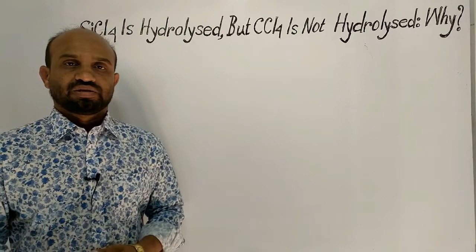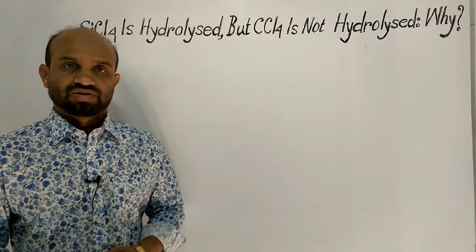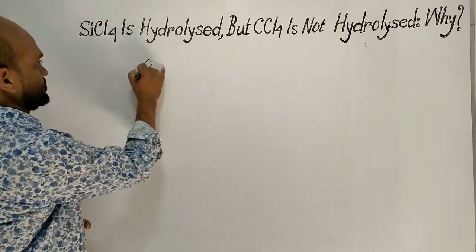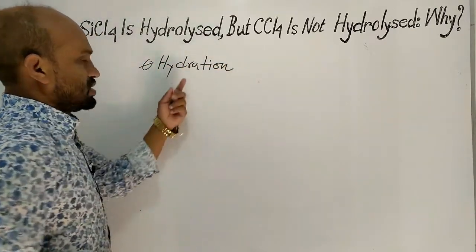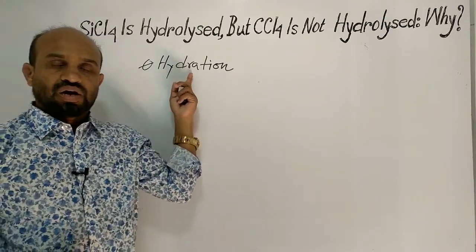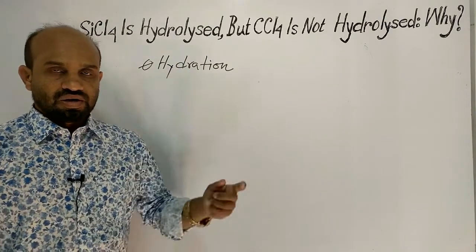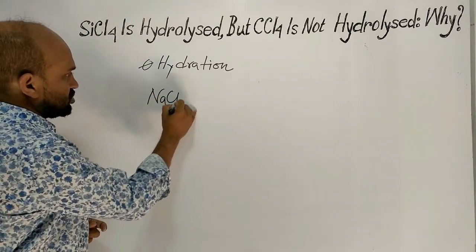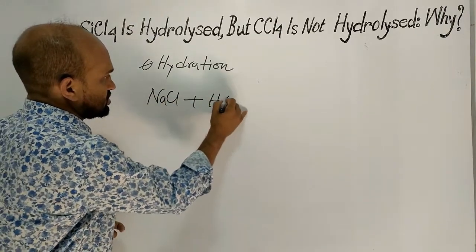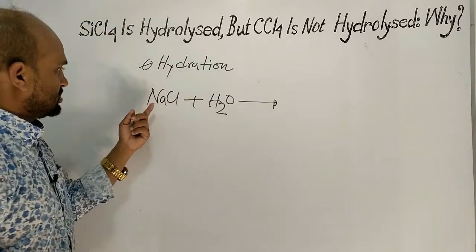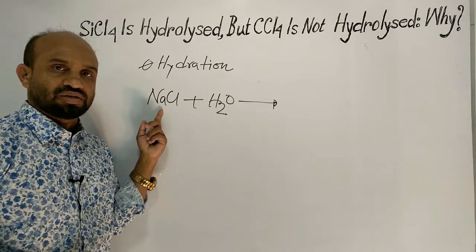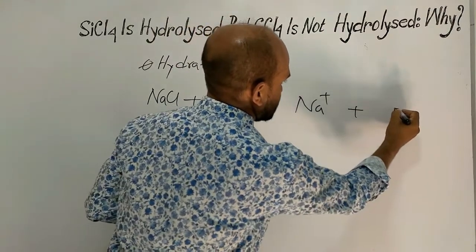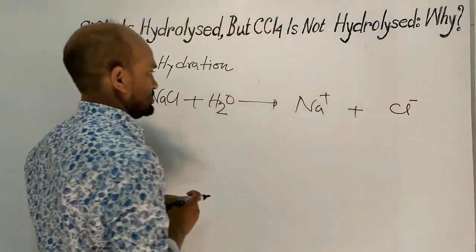The very first point is hydration, or hydration reaction. Let's see the reaction. Let's see an example first. When sodium chloride is dissolved in water, then in water sodium chloride is ionized as sodium ion and chloride ion.